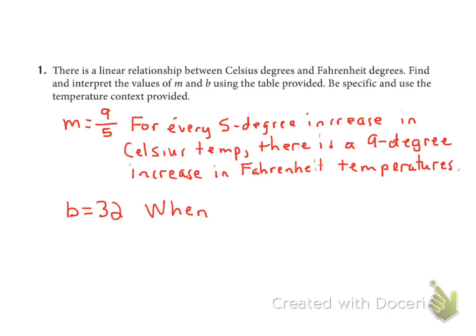Okay, so when it is 0 degrees Celsius, it is 32 degrees Fahrenheit. Any questions on number 1?